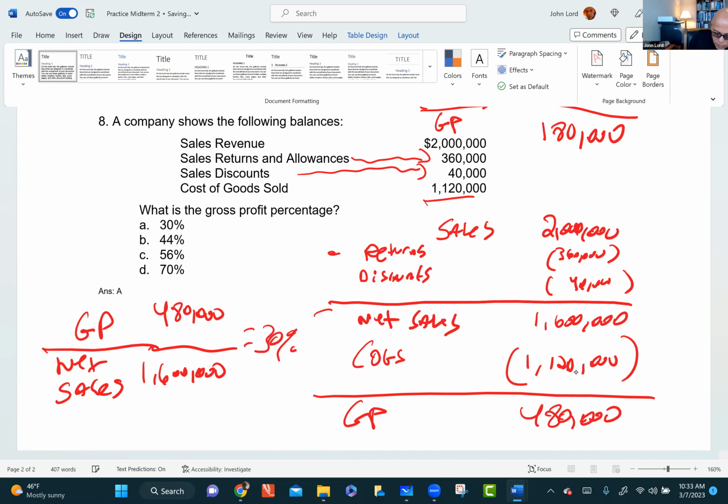Which is not a bad gross profit margin. 30, 40%, you know, analysts like the gross profit to be like 50%. The higher the percentage, the better, because you have more fat, if you will, left over to cover your operating expenses.